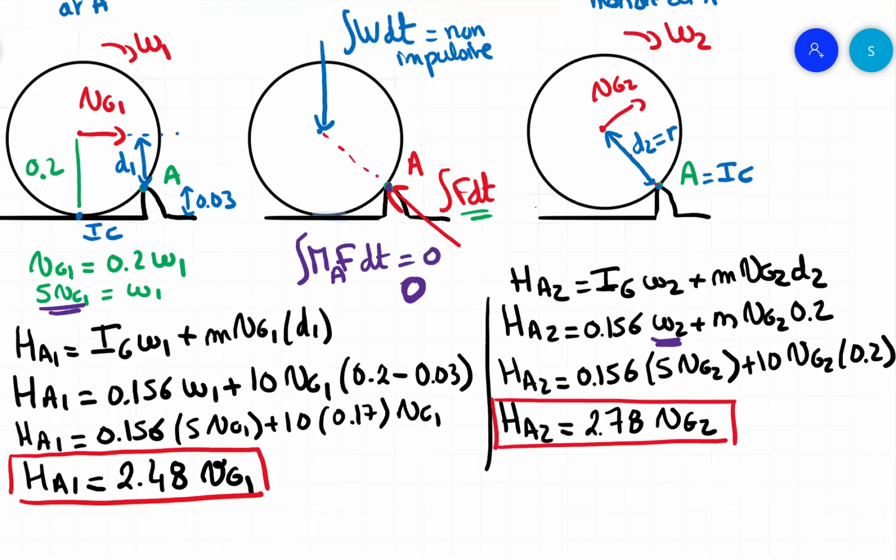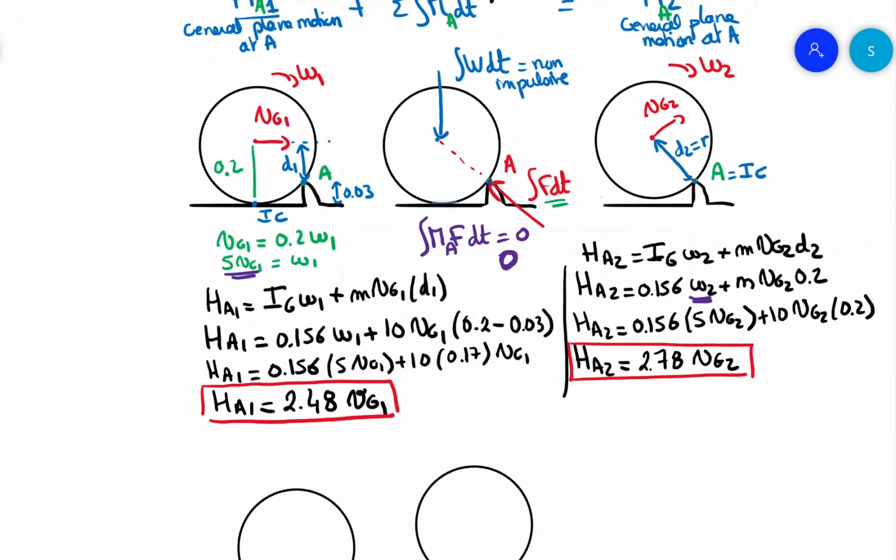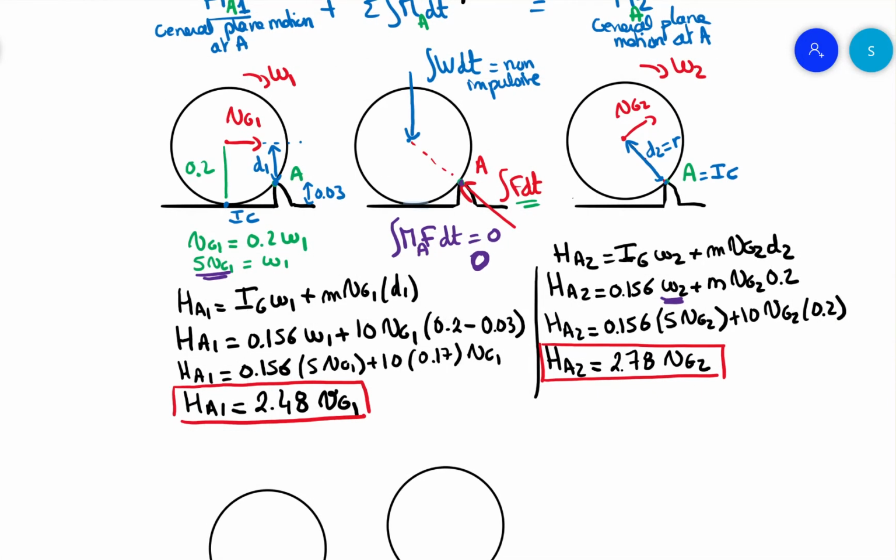Okay. With those two equations, we can say that HA1 is equal to HA2 because the impulse is 0. So we can write then 2.48 VG1 is equal to 2.78 VG2.